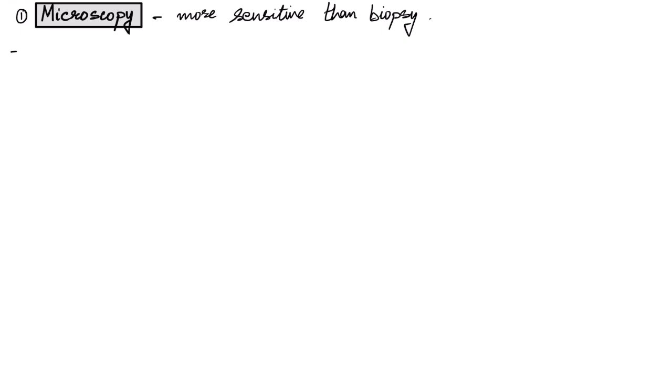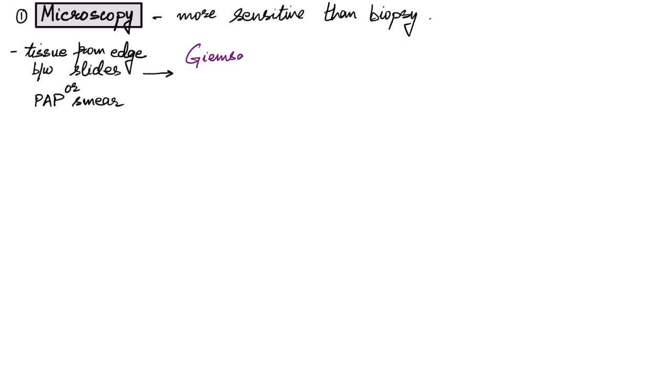So, in diagnosis, the first and the most important is the microscopy. It is even more sensitive than biopsy. What we do here, we take a tissue part from the edge and crush them between the slides, or we can even take pap smear, and then we stain it with either Giemsa, Wright, Leishman, or any silver stain.